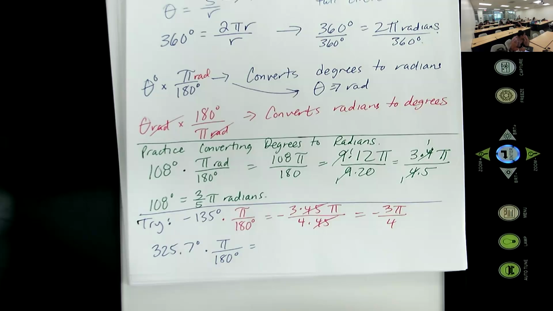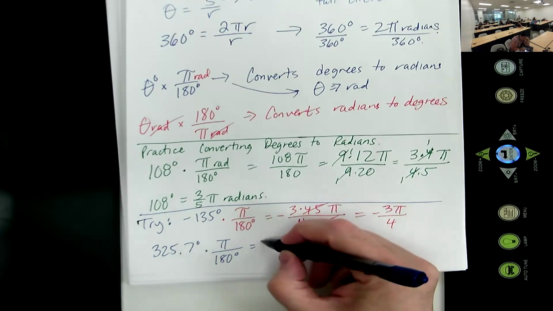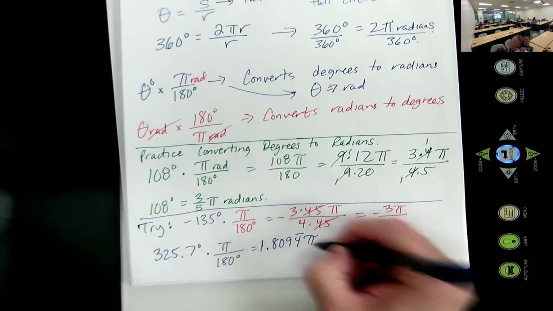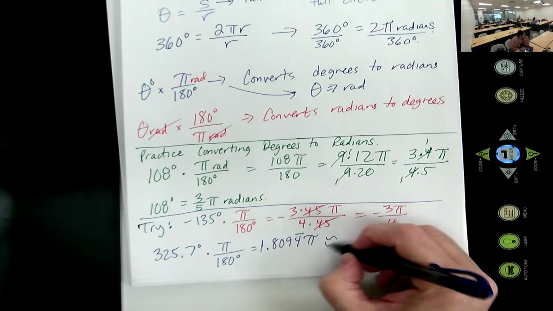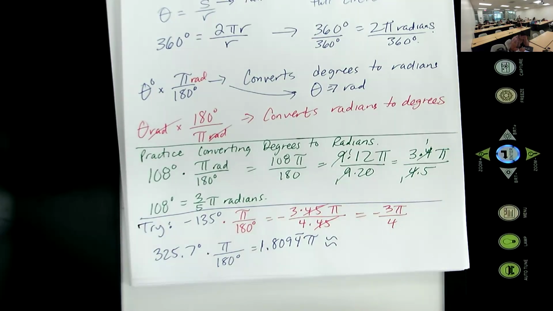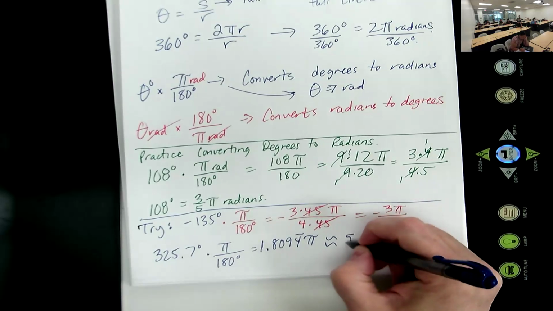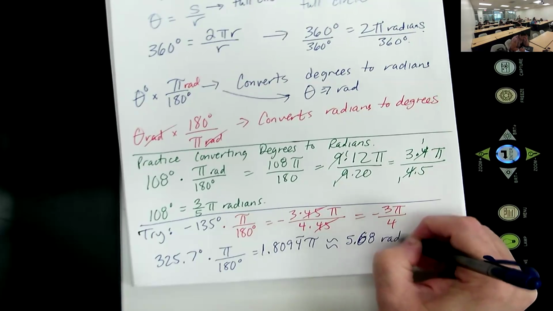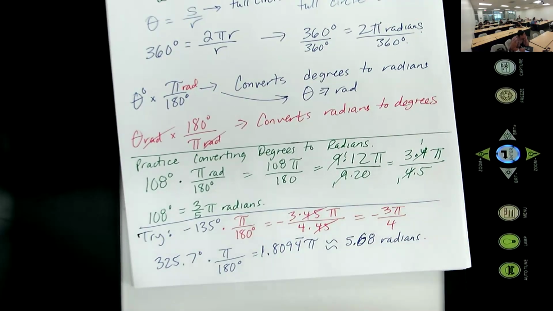Let's see, if we do 325.7 divided by 180, I could say 1.8094 repeating pi. Or let's just multiply by pi here and say this is approximately 5.68 radians. Because having 325.7 over 180 isn't all that helpful.